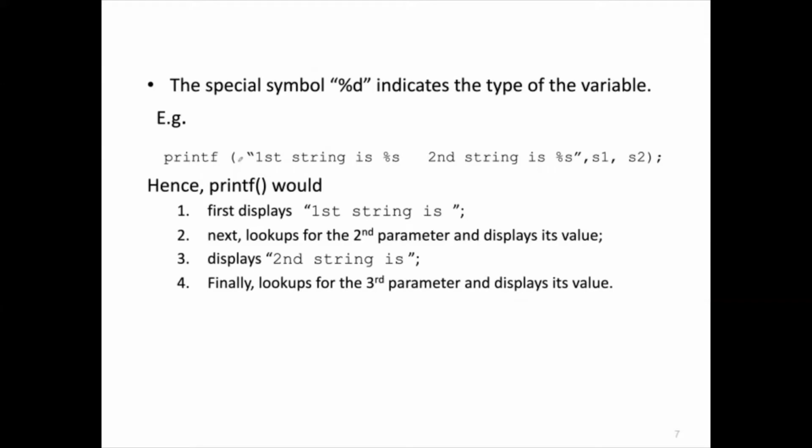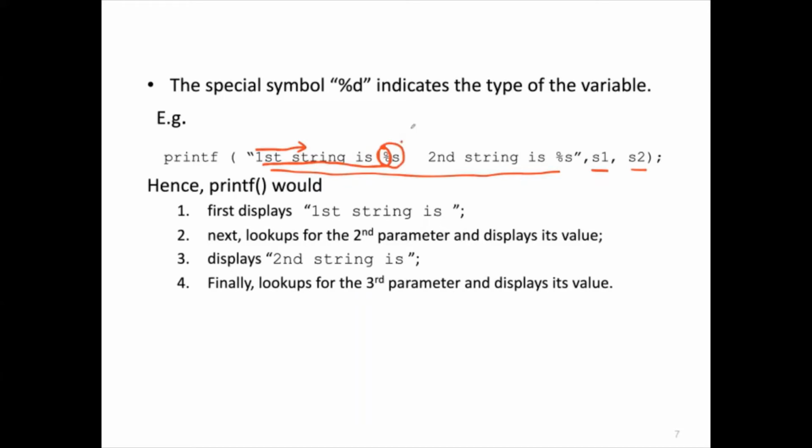Then because this is a percent s, printf will interpret this as a string. So it will go to the next parameter, take the value of this, treat it as a string and print it out. And now after that, it continues to print until it hits another percent. And in this case, it's a percent s. So printf will go to the next parameter, treat this as a string and print it out.